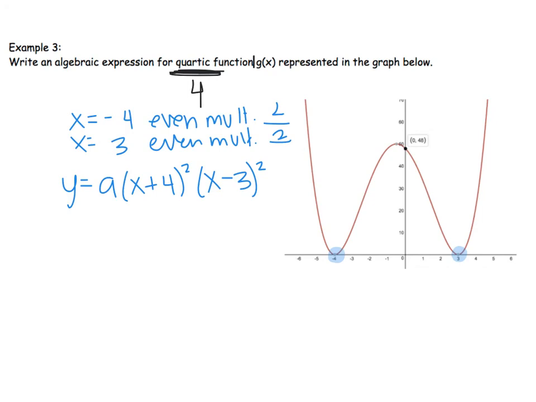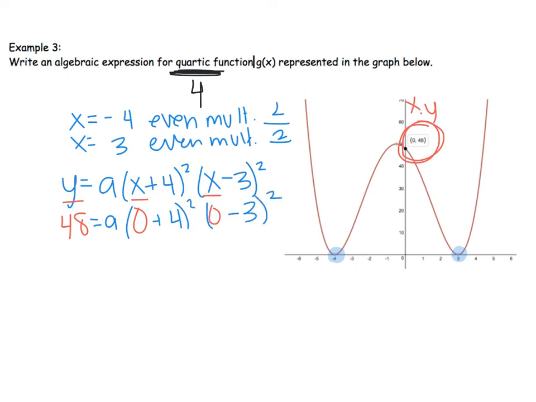Next, I need to find a nice point to plug in for x and y that's not one of the zeros. And the only option I have is here. When x is 0, we know that y is 48. So I'm going to plug in a 48 here and a 0 here. And I'm going to solve for a, just like before. 0 plus 4 squared, 0 minus 3 squared.